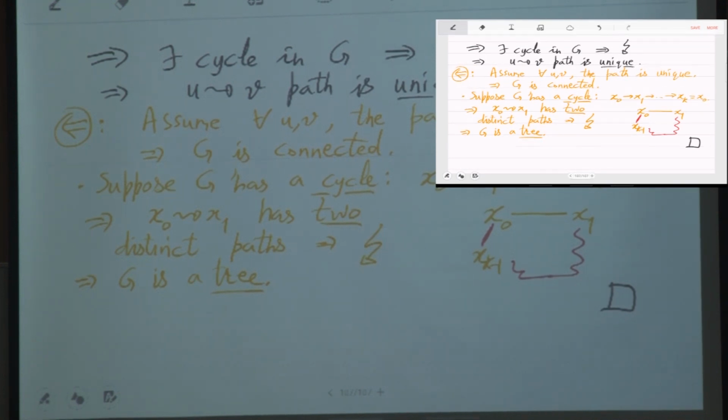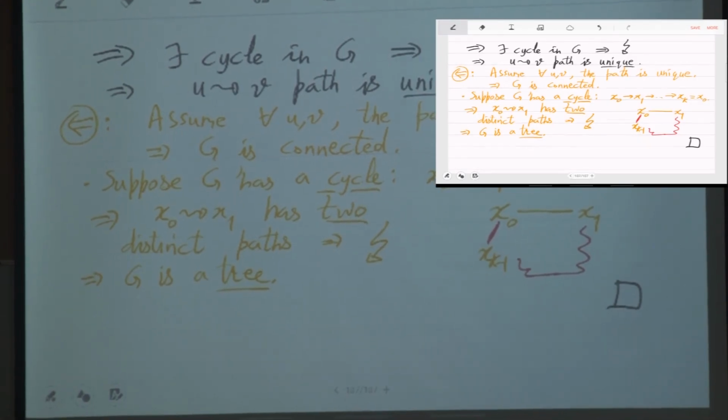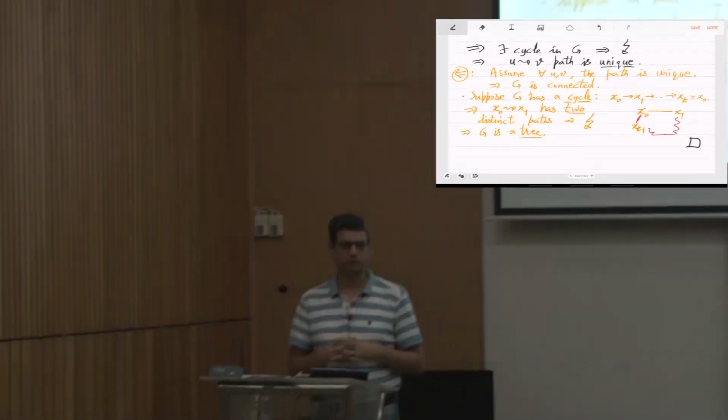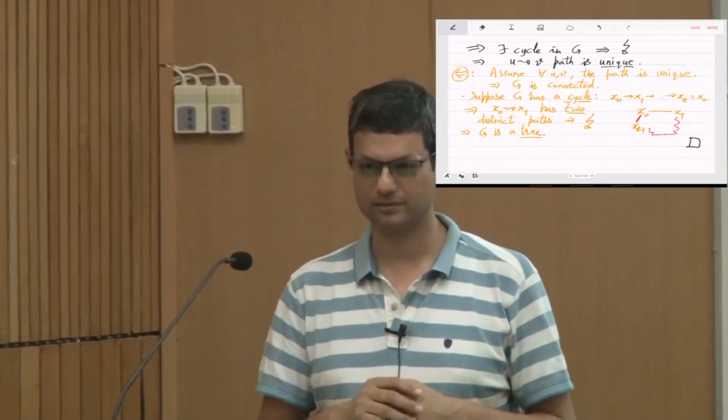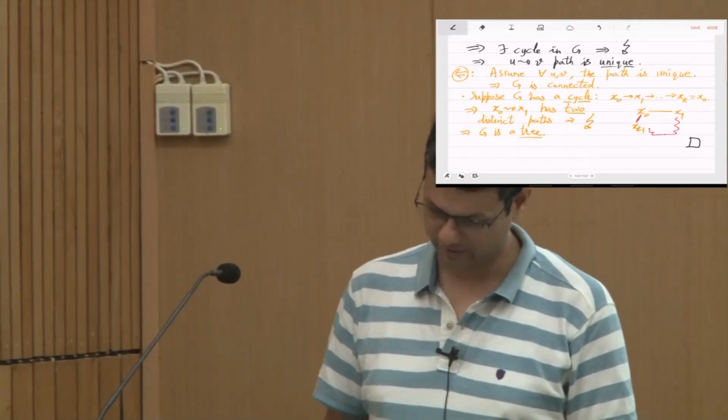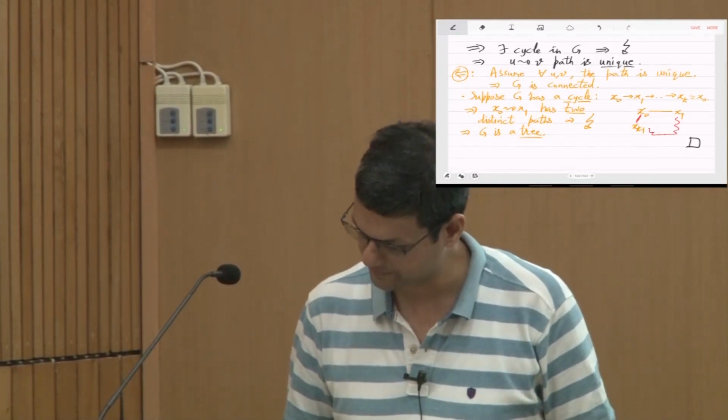So can you say more about what remains? So in a tree, every edge is actually a unique bridge. So if you cut it, then you get 2 connected components. There is no way to go from one to the other. That's the property coming from unique path.